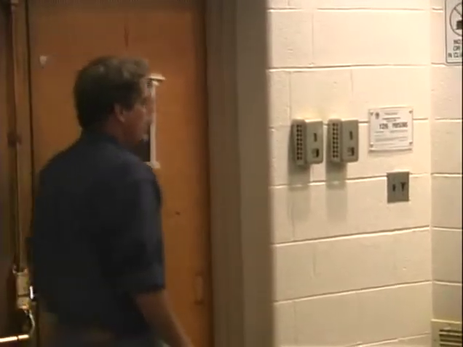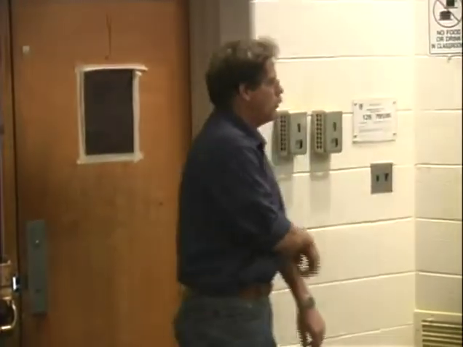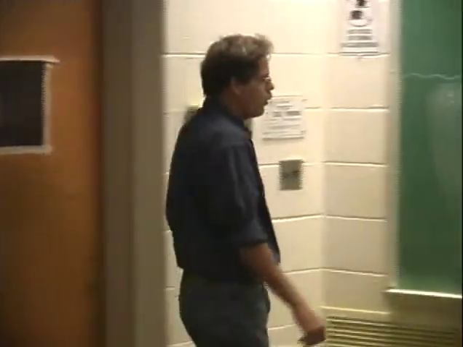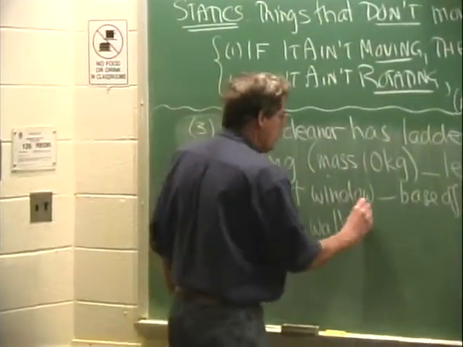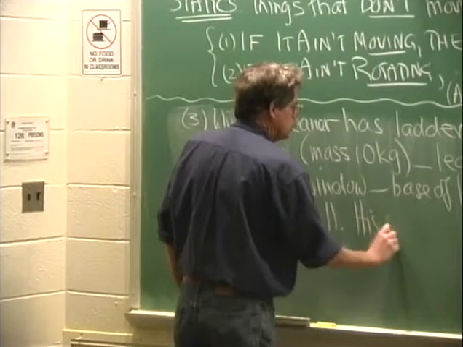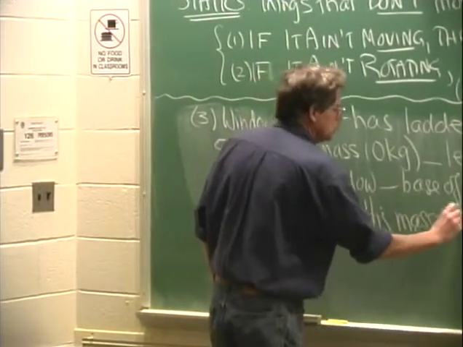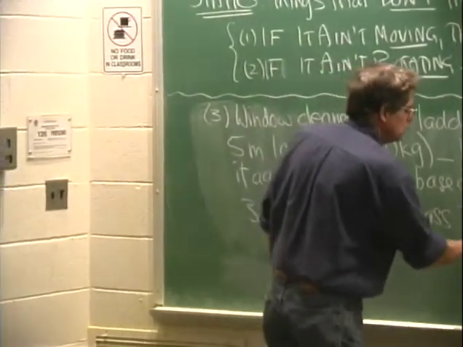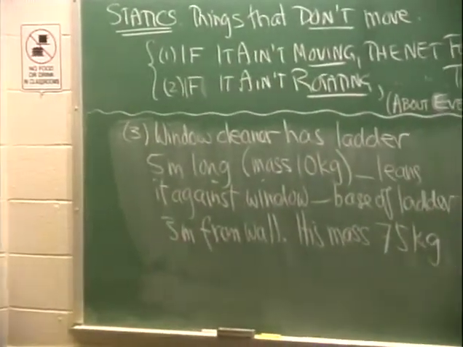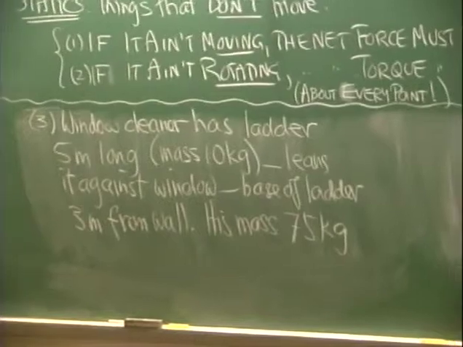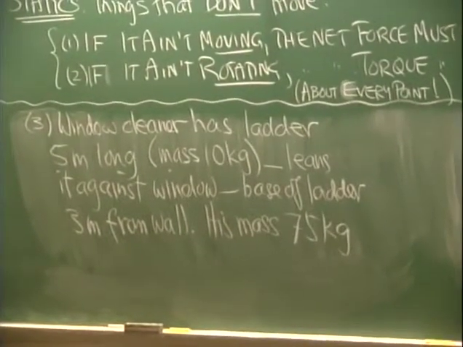Okay, what information do I need? Window cleaner has ladder 5 meters long, mass 10 kilograms, leans it against the window, base of the ladder 3 meters from the wall. His mass is 75 kilograms. And it so happens that this window is going to bust if you exert on it a force of 225 newtons.